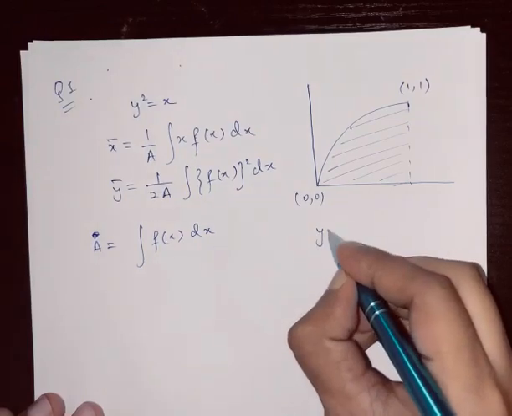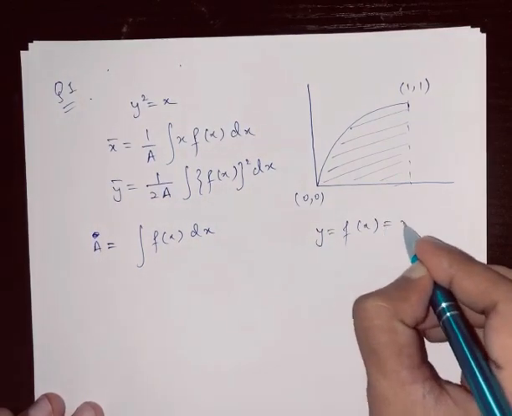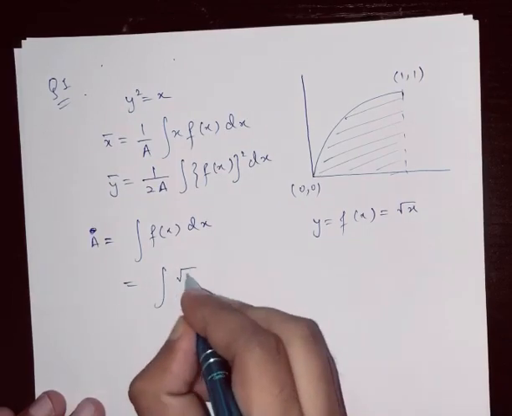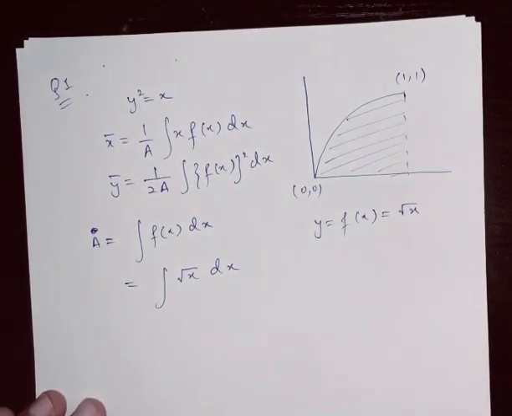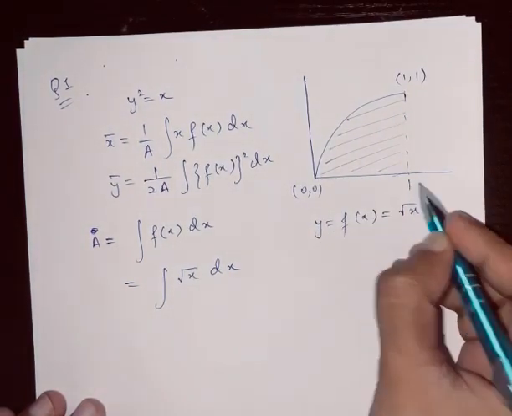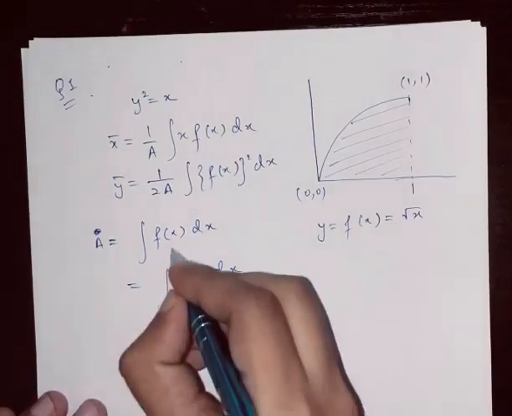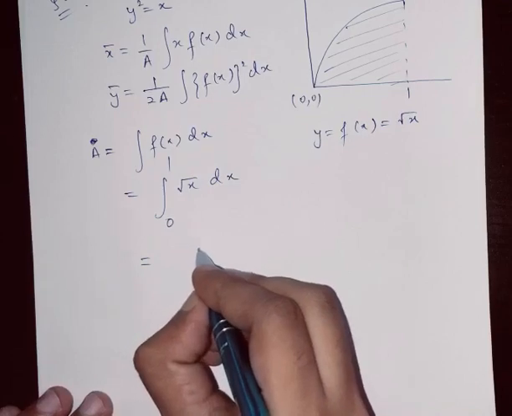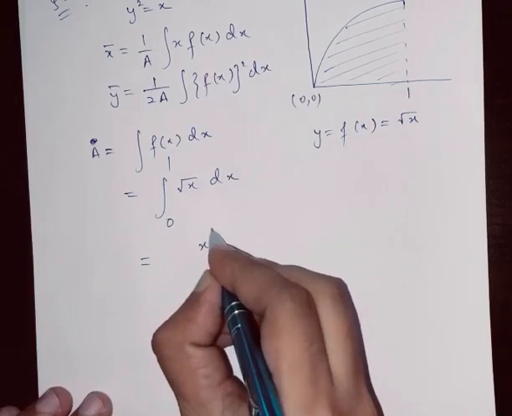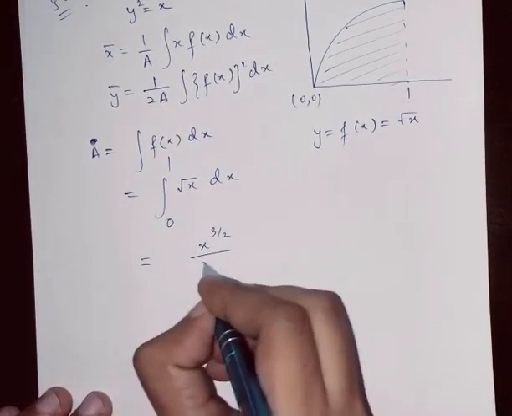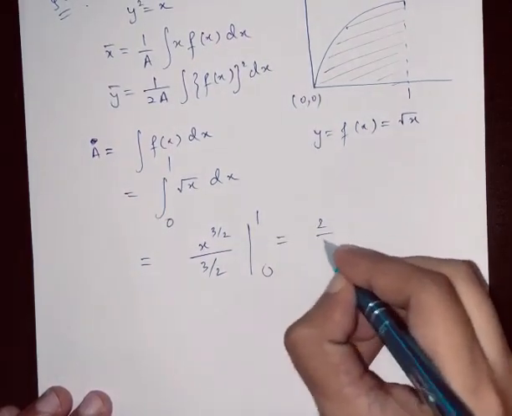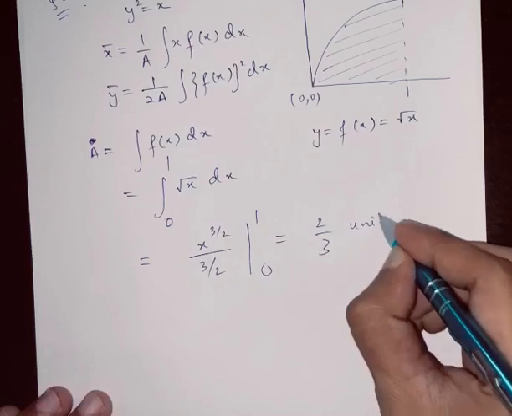Here y equals f(x) equals root x, so the integral of root x dx, with limit from 0 to 1. This is a very simple integration, we get x to the power 3/2 divided by 3/2, and the limit goes from 0 to 1, so the final answer is 2/3 units.